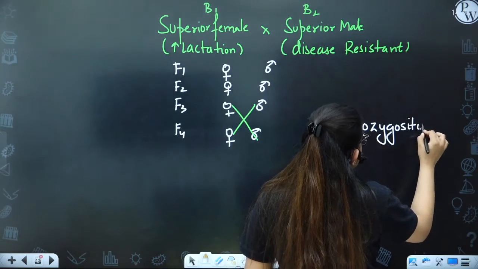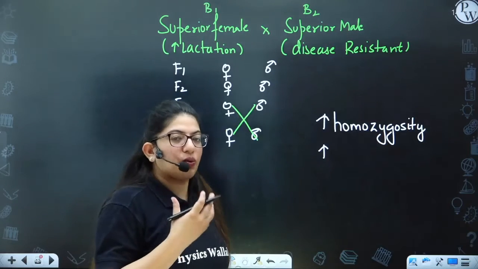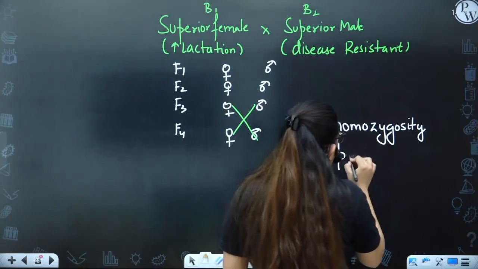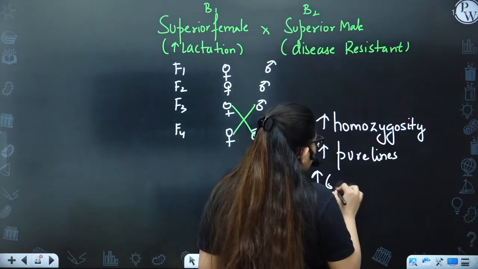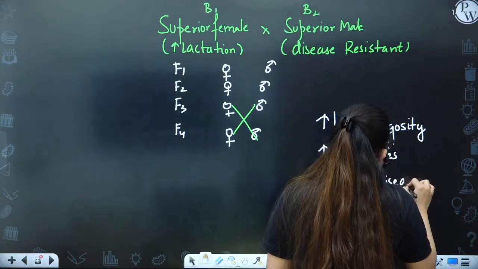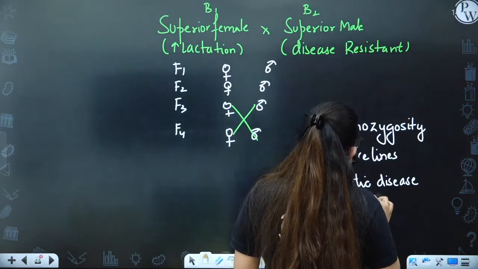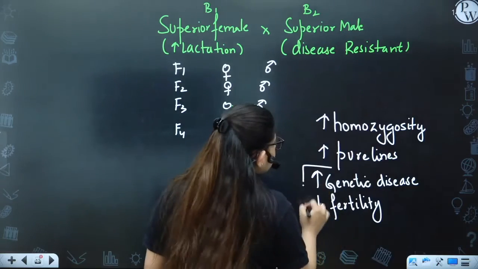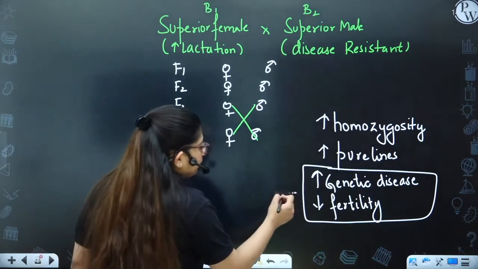When homozygosity increases, there will be more pure lines, but there can also be more genetic diseases, and also less fertility, that means more infertility. This condition where you're getting disease and all the negatives, you call inbreeding depression.